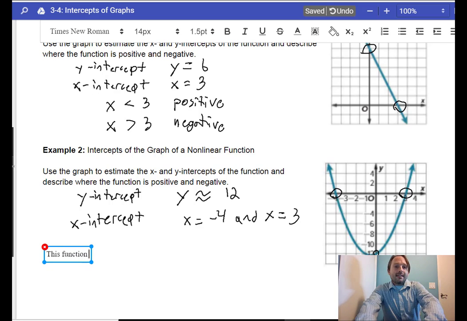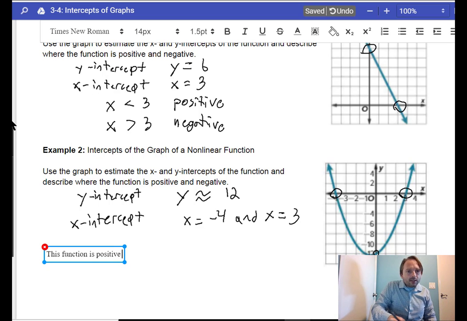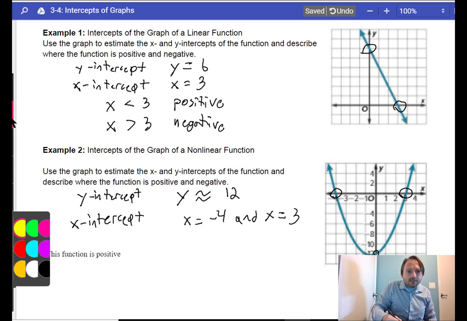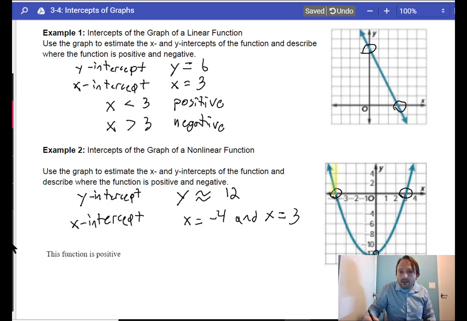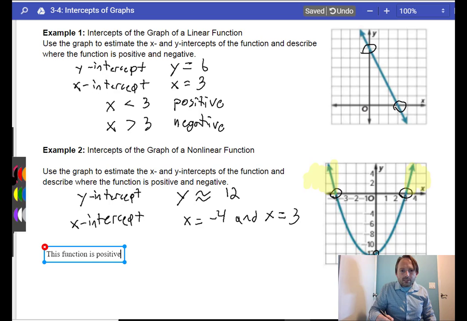This function is positive, well, there's certain spots. It looks like it's positive when x is less than -4 and greater than 3. So let's throw this in.